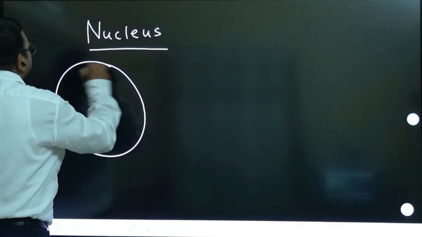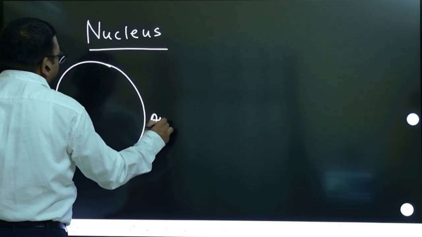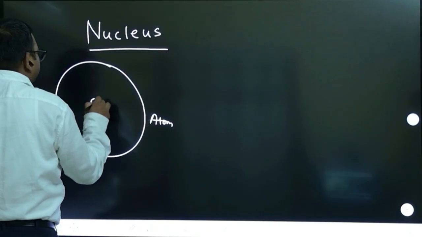So first thing is that we need to understand about the atom and nucleus. Suppose this is the atom, and the nucleus is very small here.